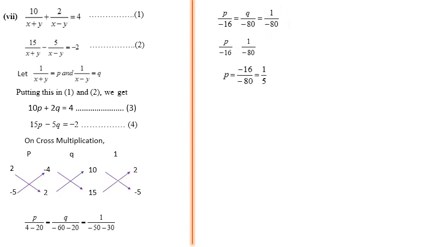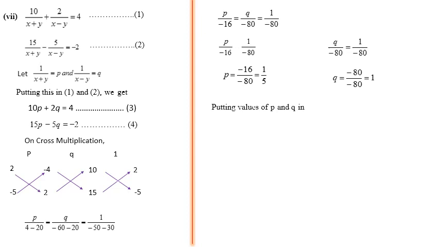Then from here we can calculate p: bring this minus 16 to this side, that is cross multiplication. 1 into minus 16 by minus 80, cancel it, and the final answer is 1 by 5. Next we take q by minus 80 is equal to 1 by minus 80. Cross multiply it, minus 80 by minus 80, we will get q as 1.